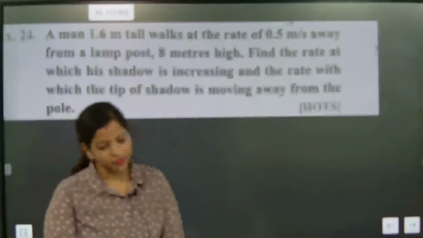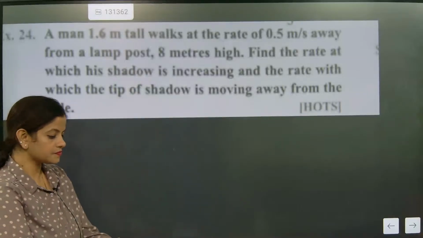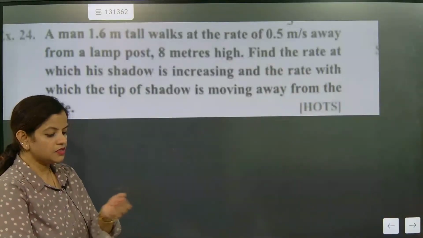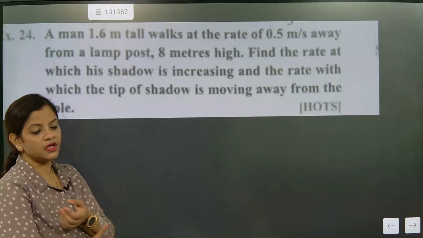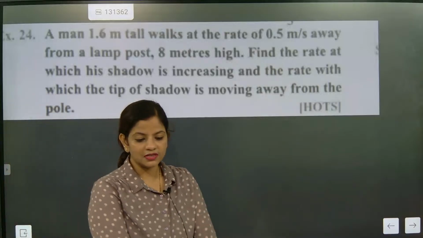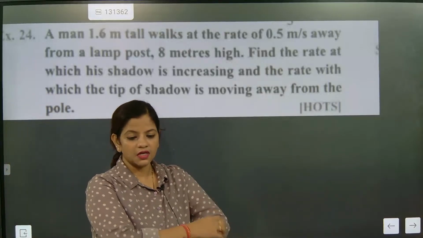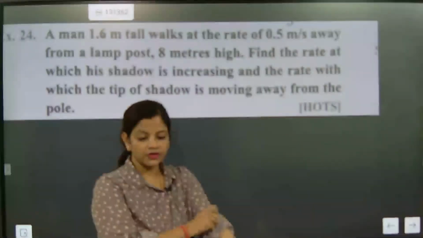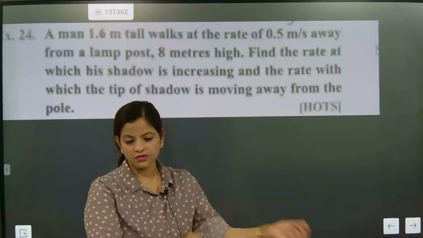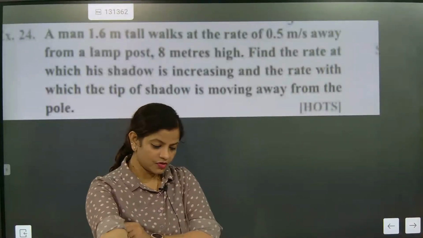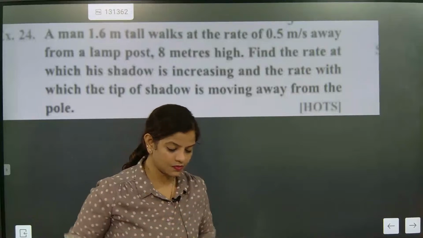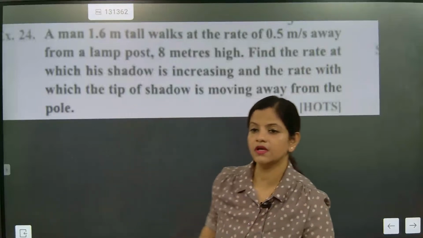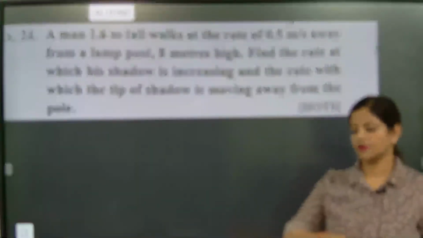Try this question. I'm moving from here. See, this question is a very important question, and you must have a proper approach for solving it. Wait, I'll solve and show you.